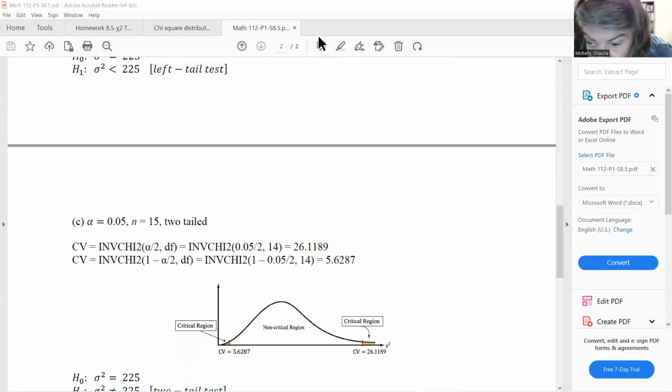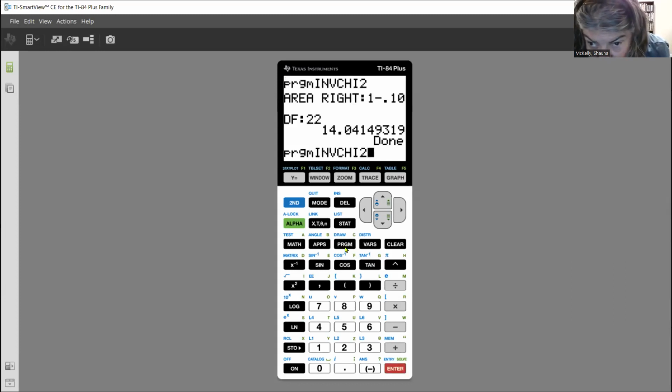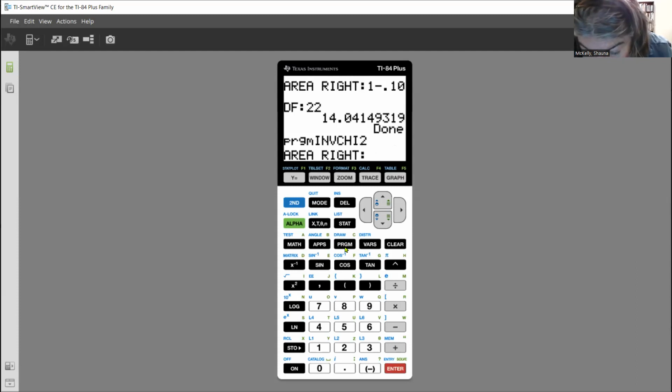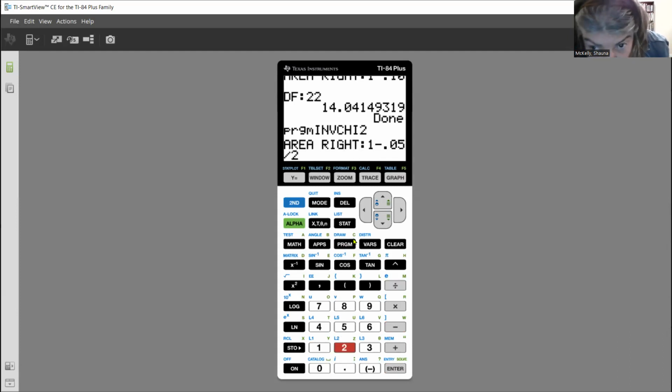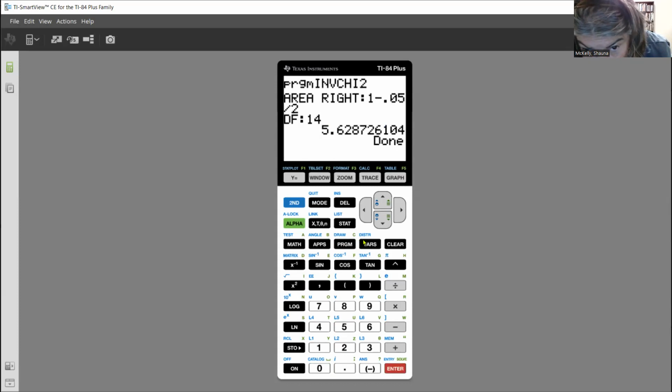So we have program inverse chi, and we're doing 1 minus 0.05 divided by 2. df, remember n was 15, df is 14 here. And my first one is 5.6287.